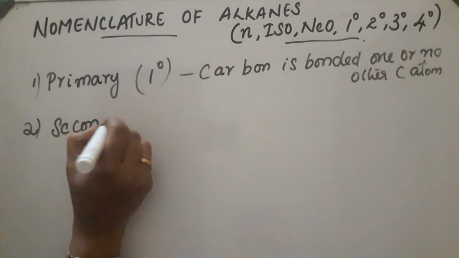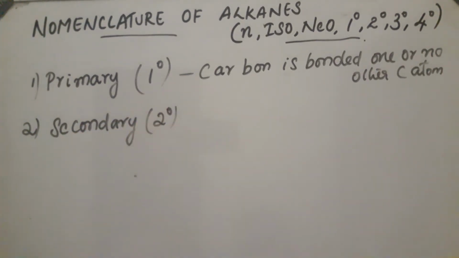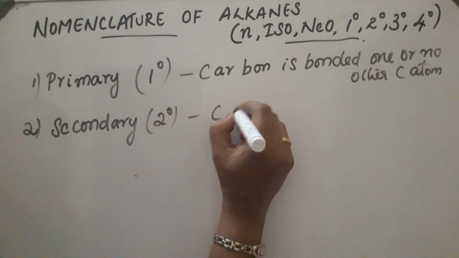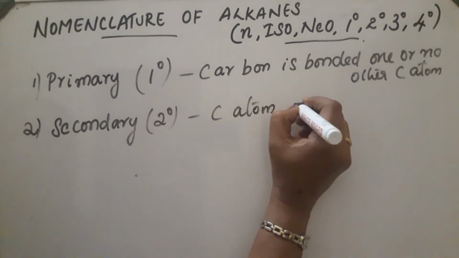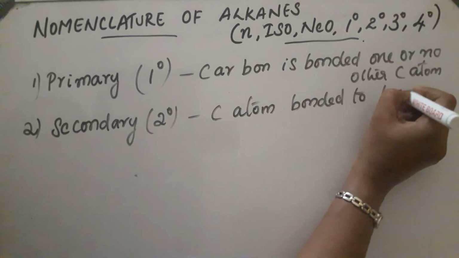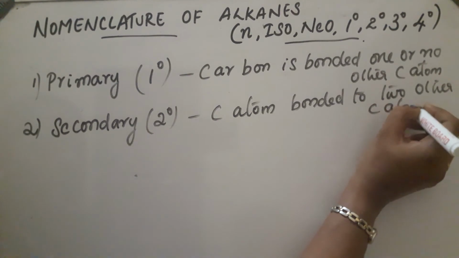The second one is secondary, and they are denoted like this. In this case, the carbon atom is bonded to two other carbon atoms. Okay.